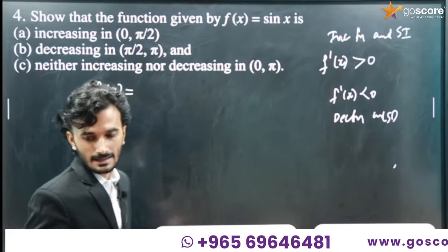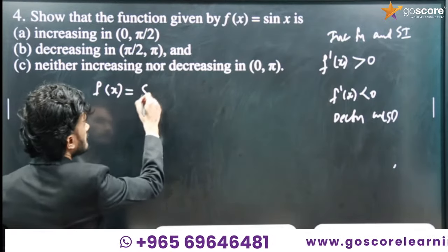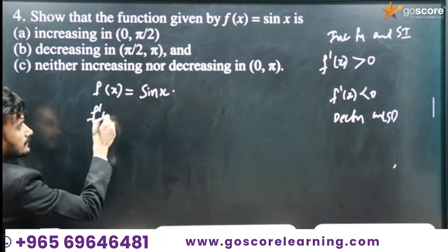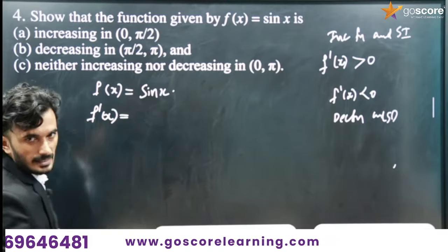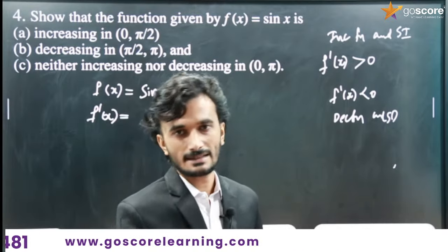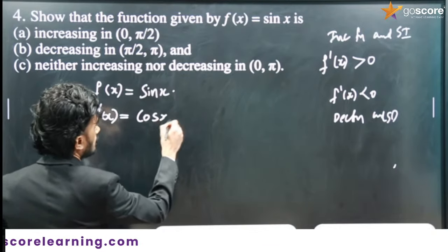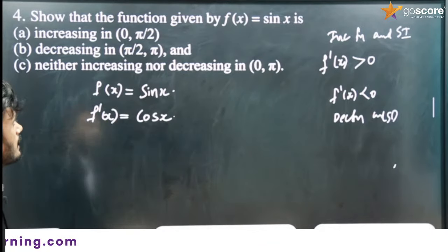The derivative of sin x is cos x, so f dash of x is equal to cos x.